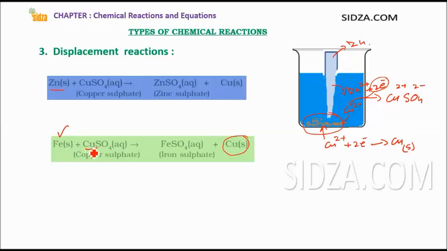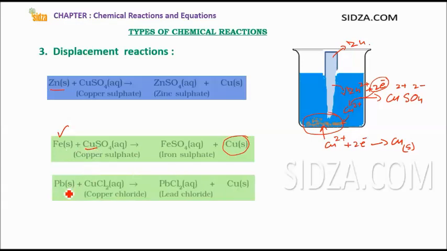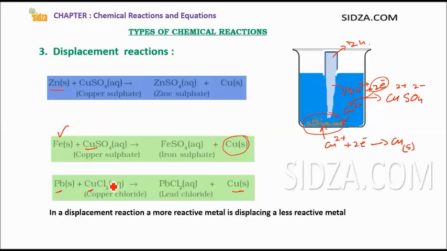We can also use the lead to displace the copper, and form the lead chloride and the copper. So in all these experiments, we find that these 3 metals, zinc, iron, lead, can displace the copper, which means that all the 3 metals are more reactive than copper. So copper is less reactive than any of these metals, right?